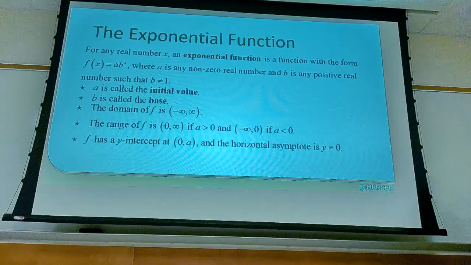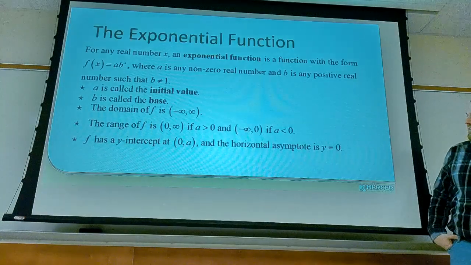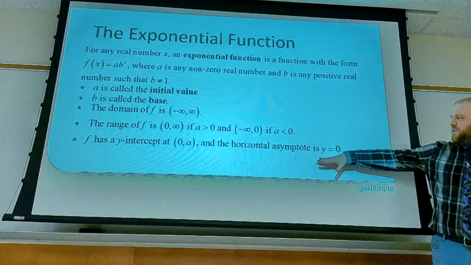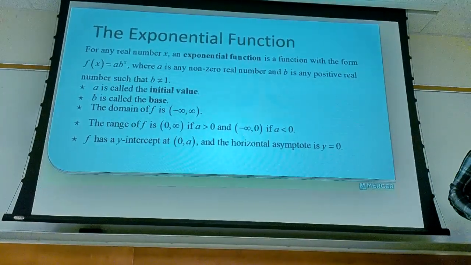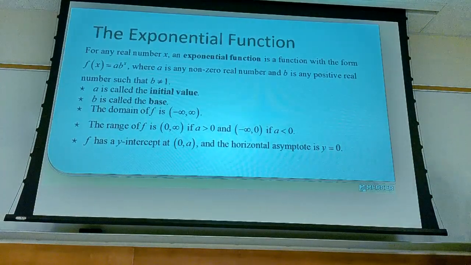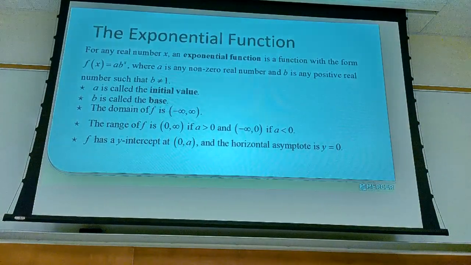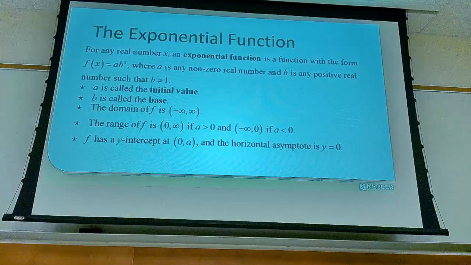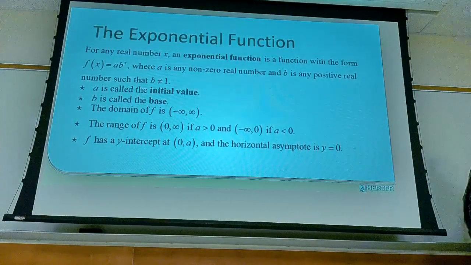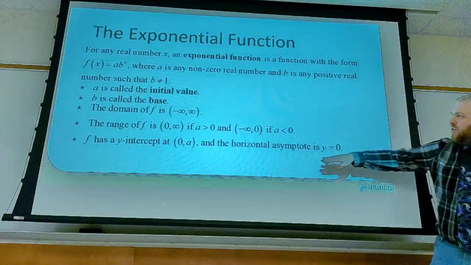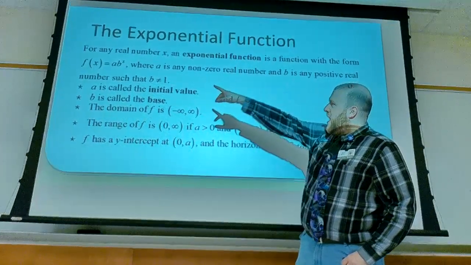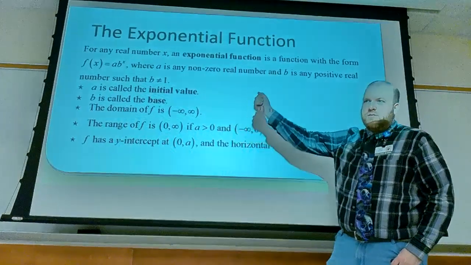Y-intercept at 0, comma A. Horizontal asymptote, y equals 0. Again, as we just saw, all of these properties are for any possible base B that's allowed.